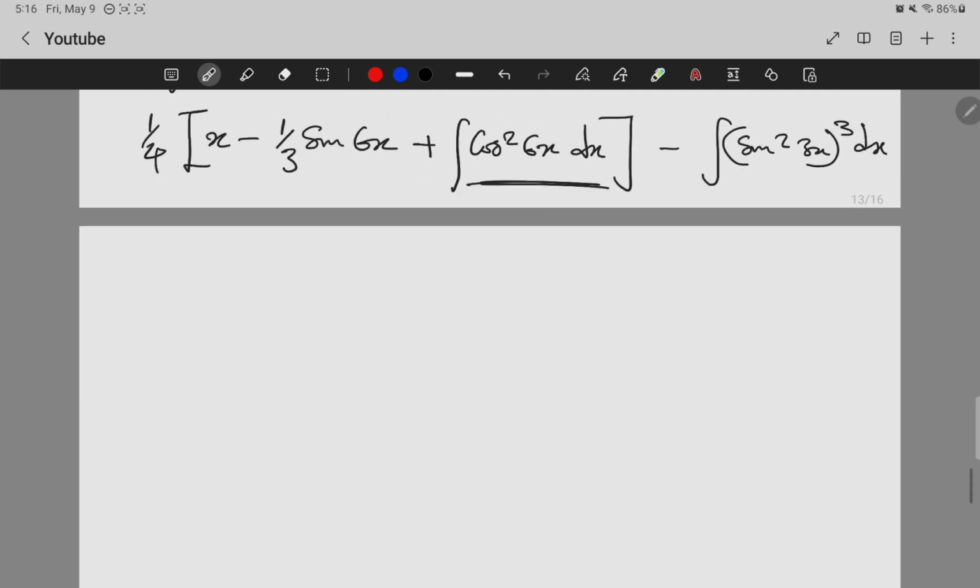To integrate this one here, again, we'll have to use that identity that we used. We just have to integrate, in place of cos squared there, we'll have 1. Earlier it was sine we were dealing with, but if you have cos squared theta, we know this one will be 1 plus cos 2 theta over 2.